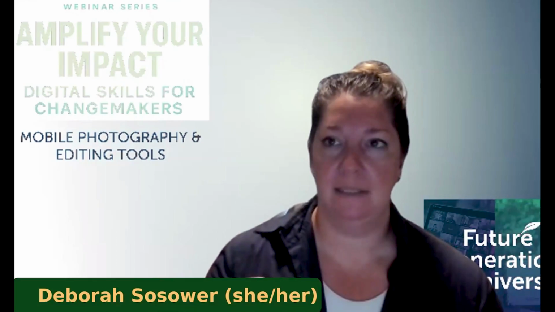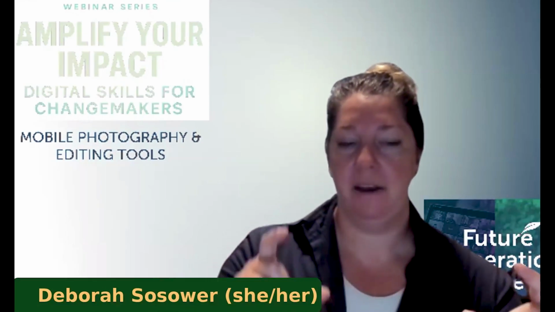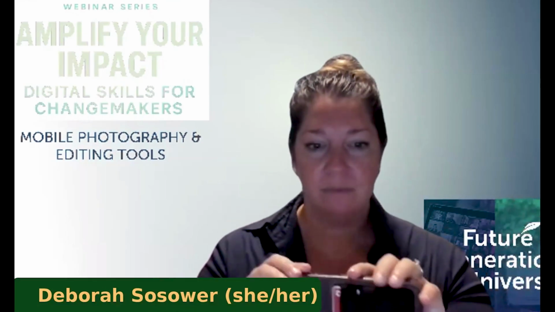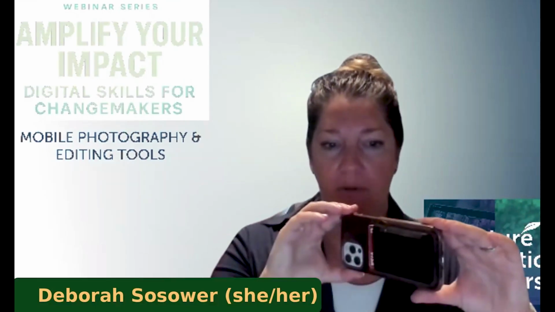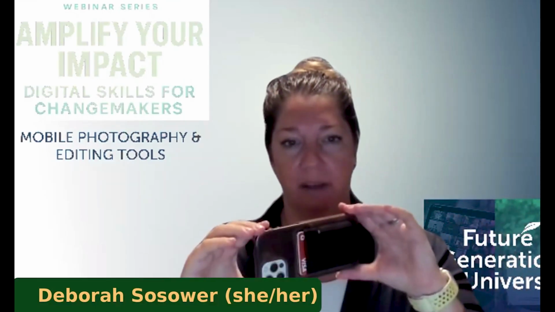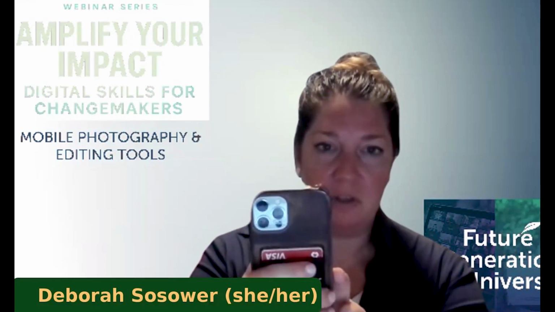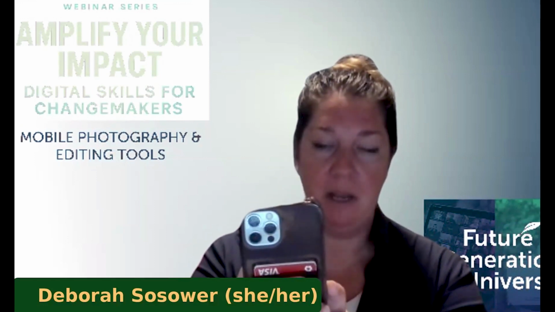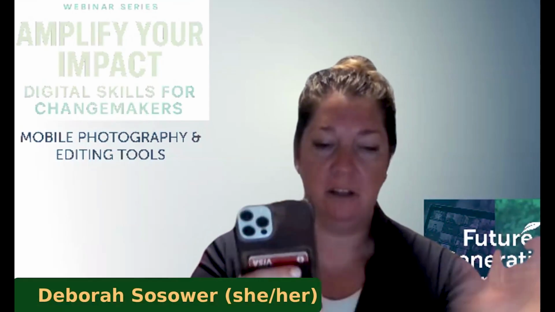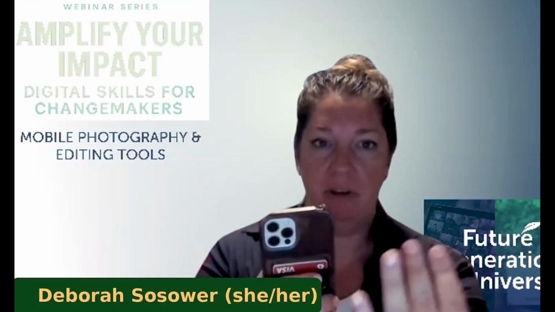Some of the things that I will do is I will take my mobile device and I will actually tilt it from left to right as I take photographs. Because what will end up happening is a lot of people will take a picture and they'll just hold the phone or the camera in the same spot and expect the people in front of the camera to move.